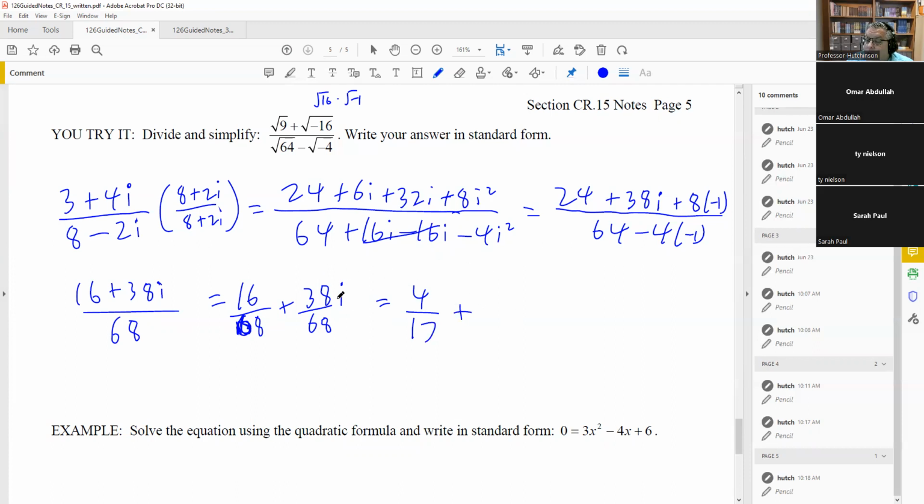This one here, 38 is not divisible by 4, but it is divisible by 2. So we can divide the top one by 2, and we're going to get a 19. Divide the bottom one by 2, and we get a 34. Okay, so we get 19 over 34, and then that's it. You just reduce them as far as you can go. They don't reduce anymore, so you just leave your answer like that, and that would be the final answer.